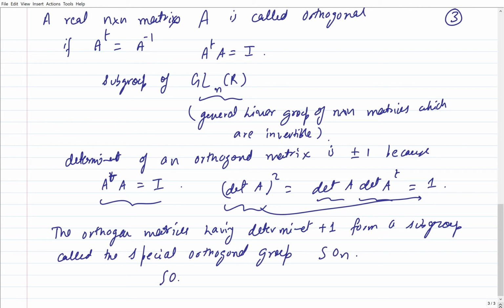So SON is a subgroup of the general linear group of invertible matrices such that the matrices are orthogonal with determinant 1.